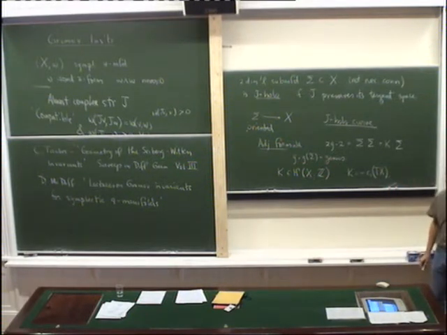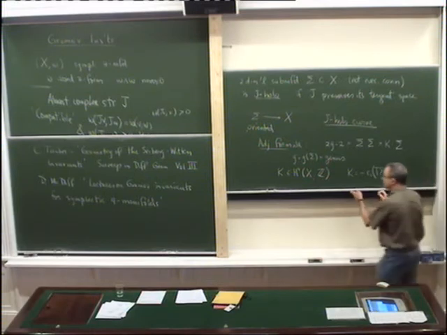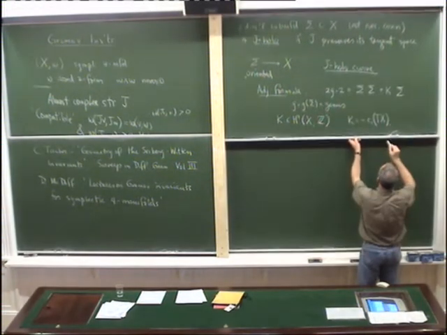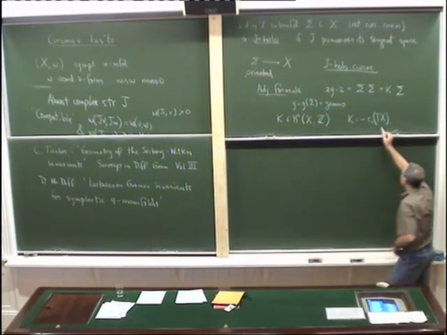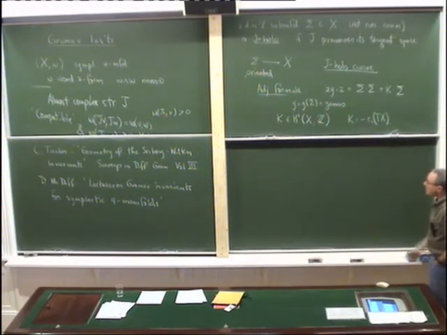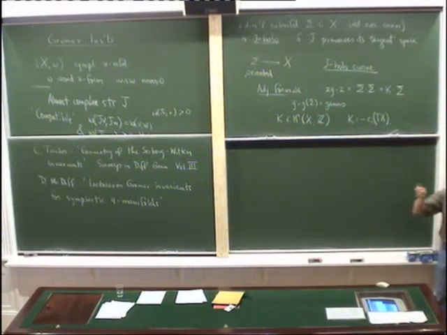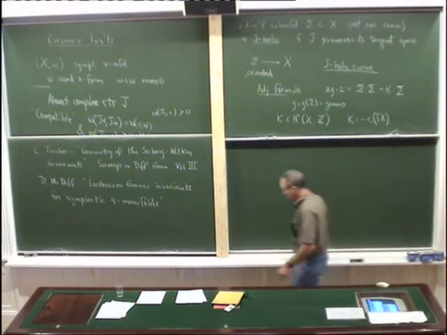So this c1 depends on choosing a J, but as long as J is compatible, it doesn't depend on it. Okay?